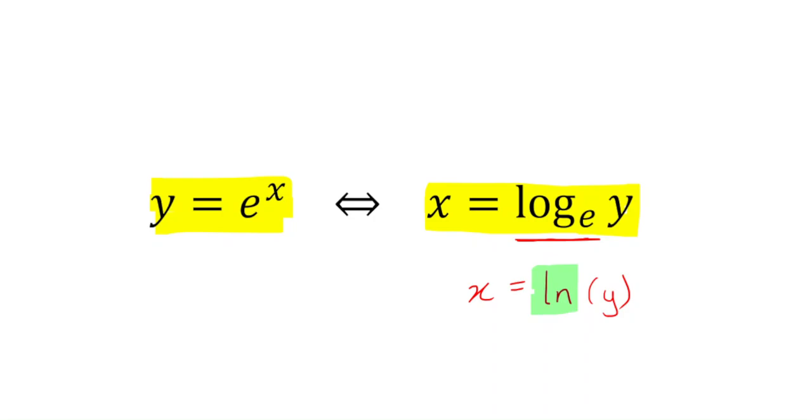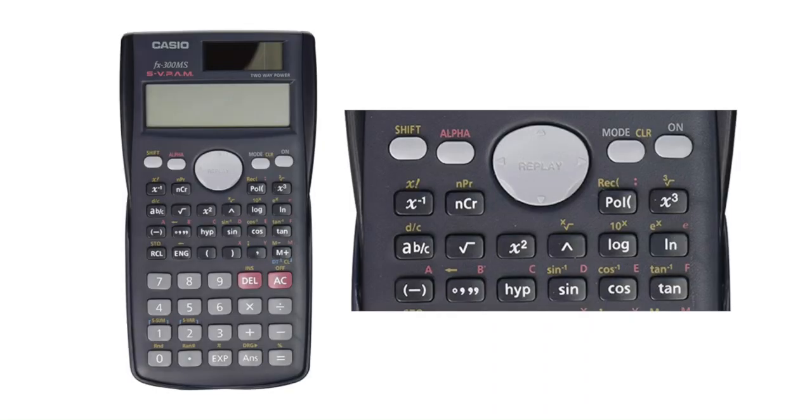Okay, so let's go back to our calculators, to this button here. You can see that that's ln. Let's say we wanted to calculate ln 5. All we've got to do on our calculators is hit the ln button, type in 5 and press equals. You should get 1.61.